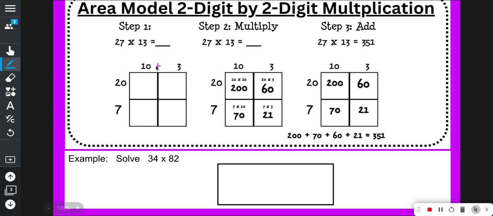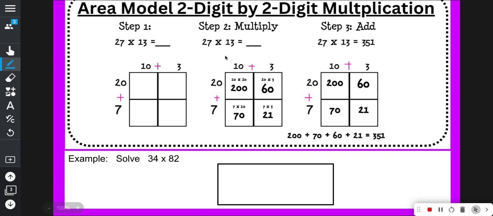We get 10 plus 3 is 13, and 20 plus 7 is 27. I'm keeping the same digits with the same numbers across the top and down the side. We're going to add those plus signs in, because if we're expanding it out, we would have those plus signs on every single problem. I also like to say that where the plus sign is, that's where we draw our box lines.